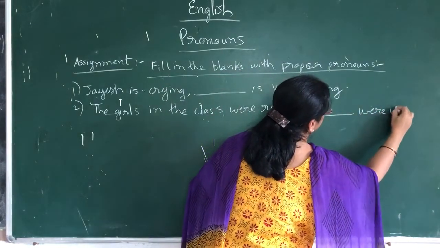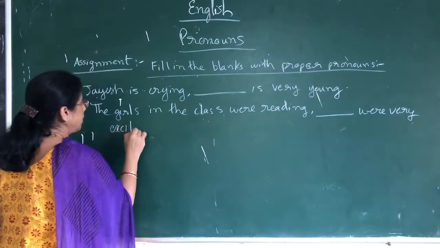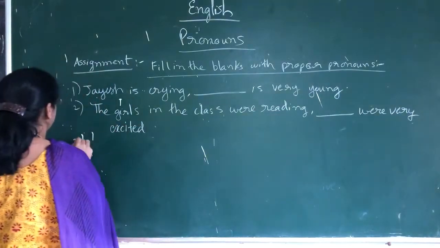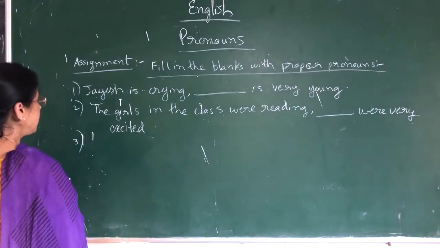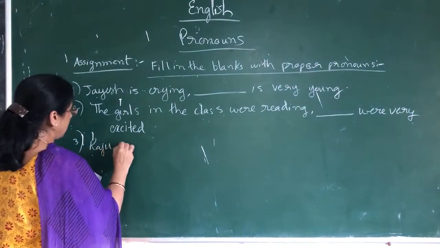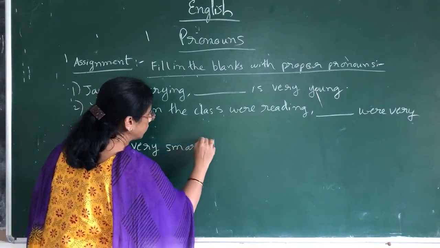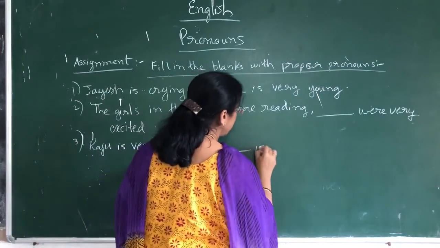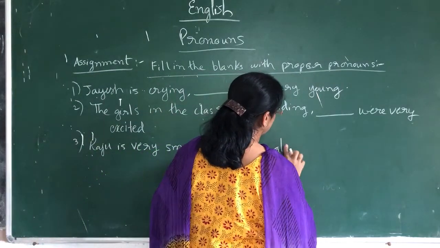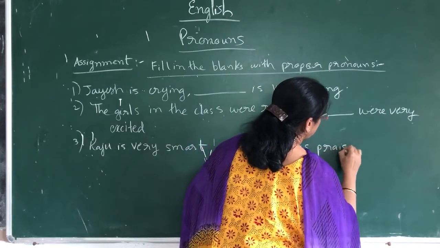Dash were very excited. Okay. The next sentence is Raju is very smart. Dash is always praised.